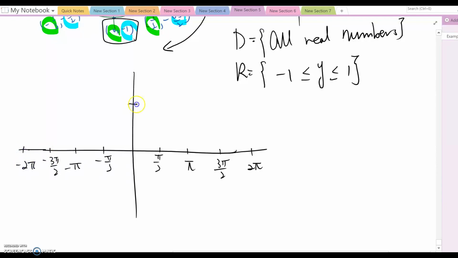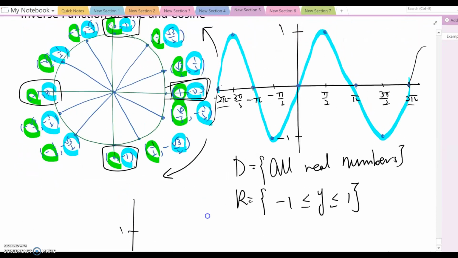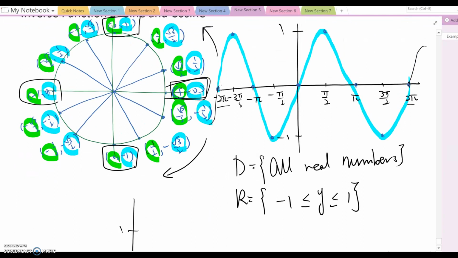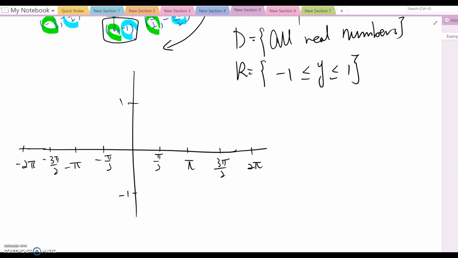Okay, and then 1 and negative 1. As you see in this unit circle, the cosine value starts from 1. So I can plot the points 1, 0, negative 1, 0, 1. This value also 0, negative 1, 0, 1.